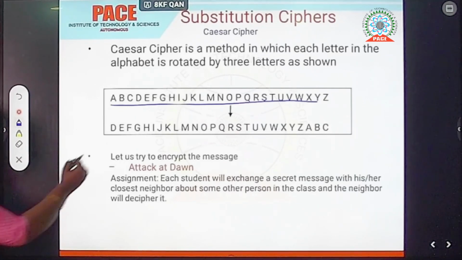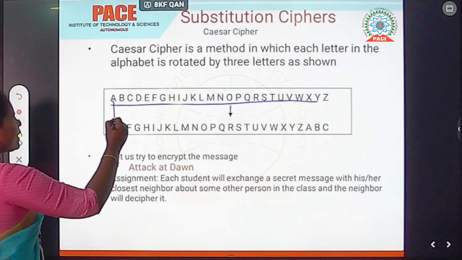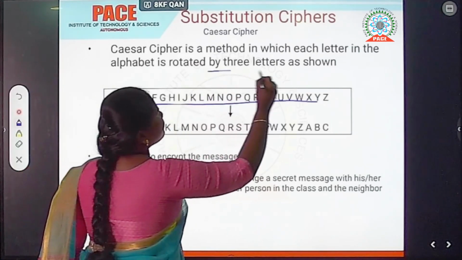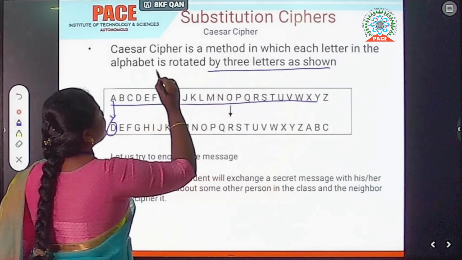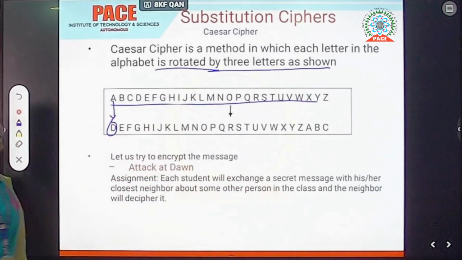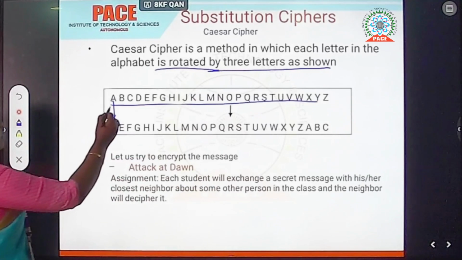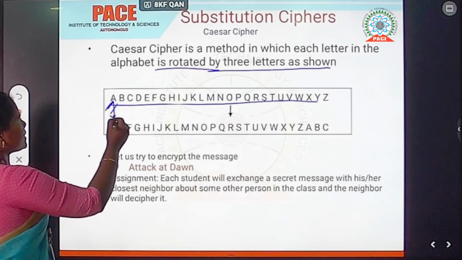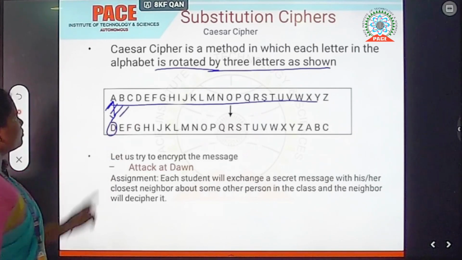For example, for A we have D, the encryption code. For A: A, B, C, D, the fourth one.